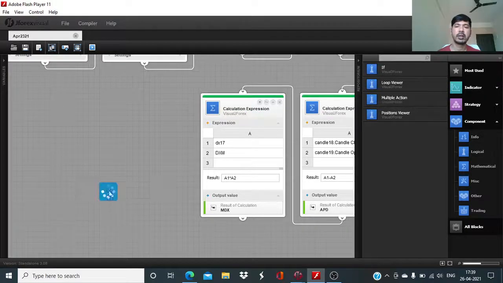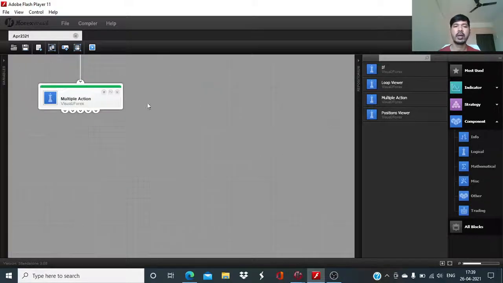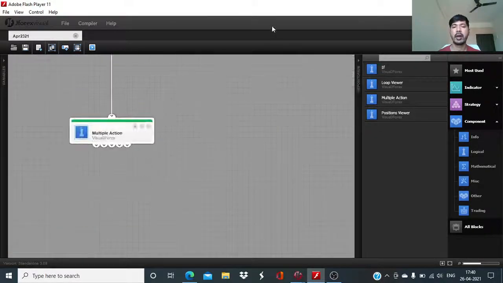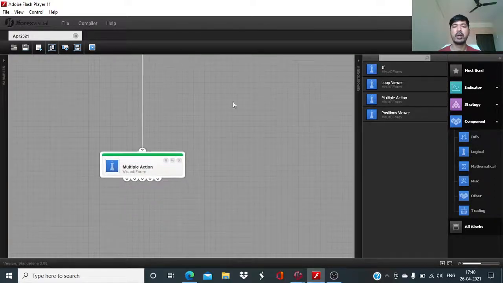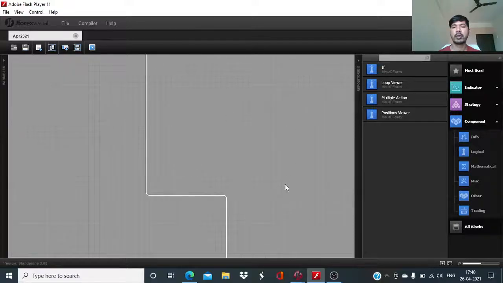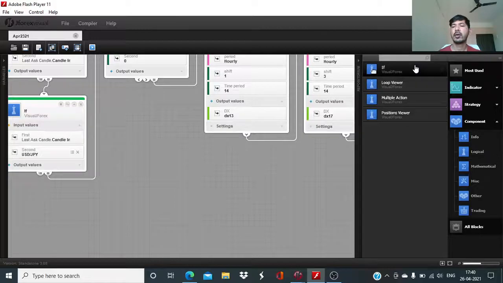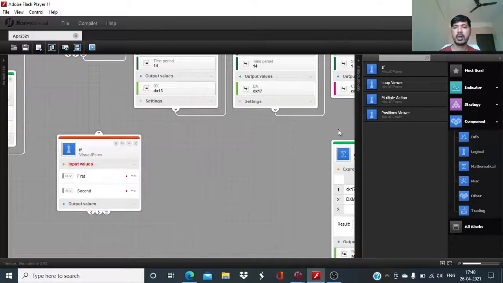First, multiple action. I will join it for the time being, but I'm sure we will have to disconnect it again later on. And as we are going to need to add more blocks, I will leave out some space. And now we start carrying out the comparison.